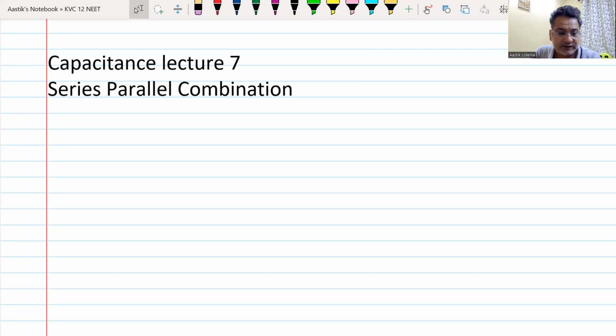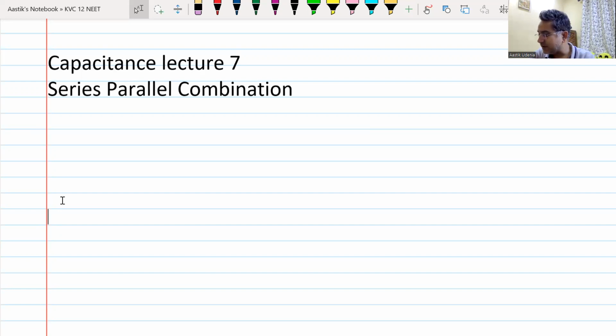Up till now what we have done is that we have found out the charge and the potential difference or the potential of each conductor when they were in series or parallel.